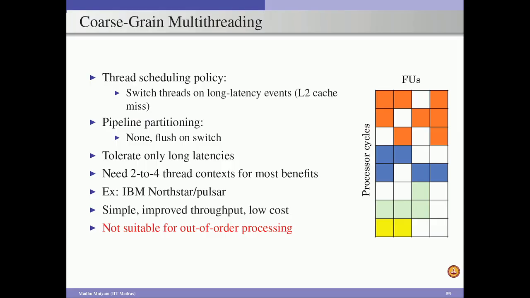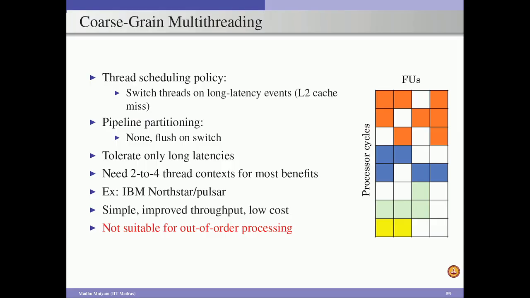And if we consider a deeper pipeline design, then the number of pipeline stages between the fetch and the execute will be significantly higher. As a result, if we are always switching for low latency events in this coarse grain multi-threading design, then we are unnecessarily wasting processor cycles, which leads to a significant degradation in performance.